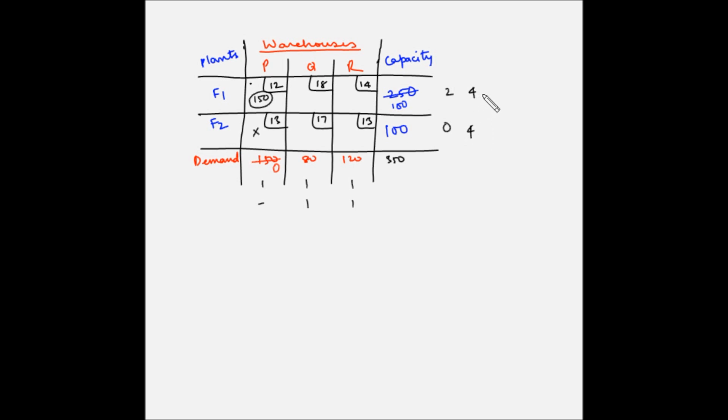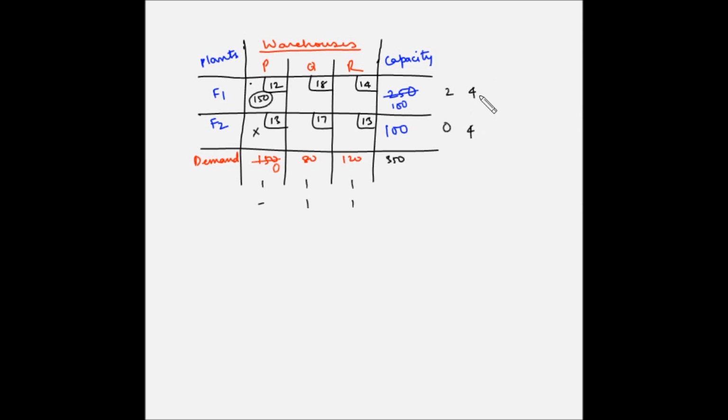Now we have a tie here between F1 and F2. So ideally we can select any one of these, but if we select the one where we get the maximum cost benefit, then we'll have to go through fewer iterations to arrive at the optimal solution. Now when I say the maximum benefit, it means the unit cost for allocation should be lower than the other option and the number of units may be more.